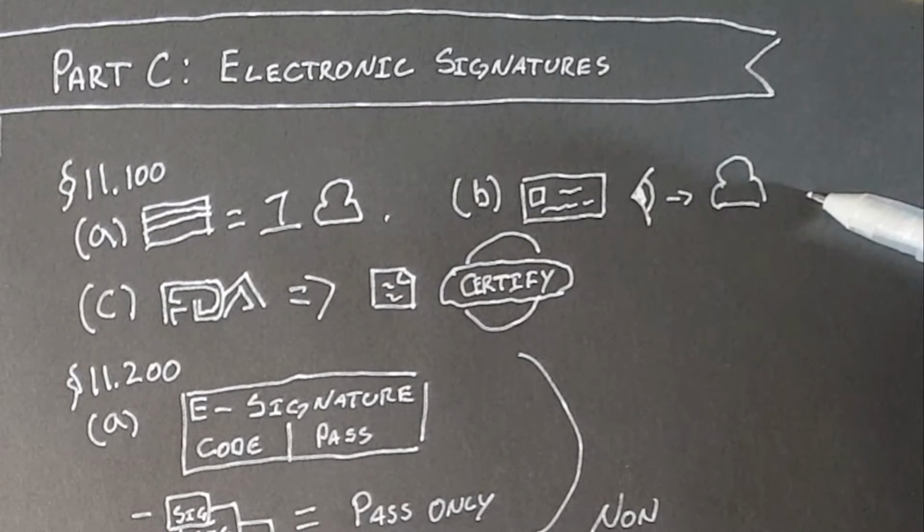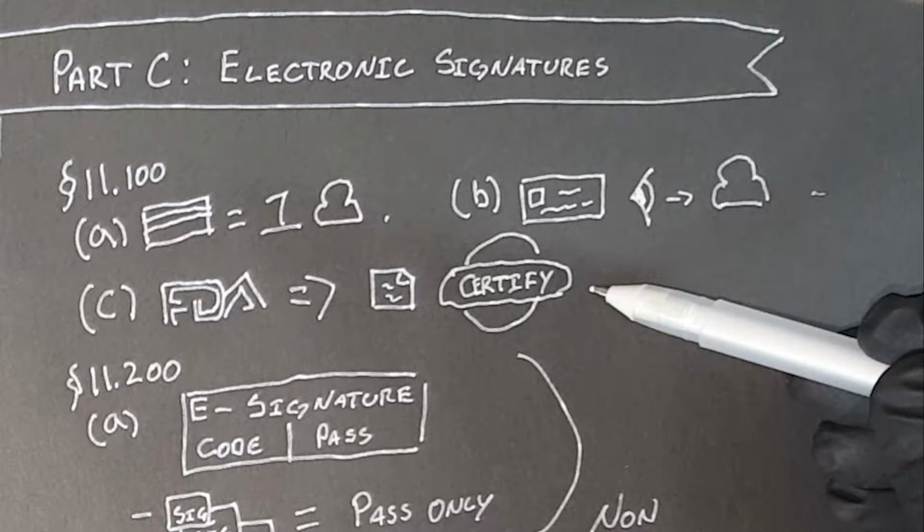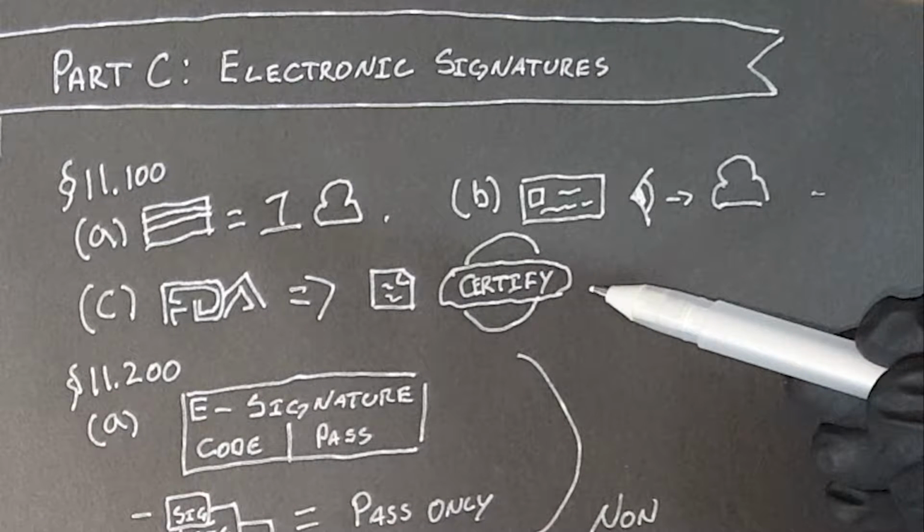Additionally, before an organization gives someone that electronic signature, they have to verify the identity of that individual. Additionally, before an organization uses any kind of e-signature or e-record system, they must certify in paper to the FDA that these e-records and e-signatures are legally binding equivalents of traditional handwritten signatures.